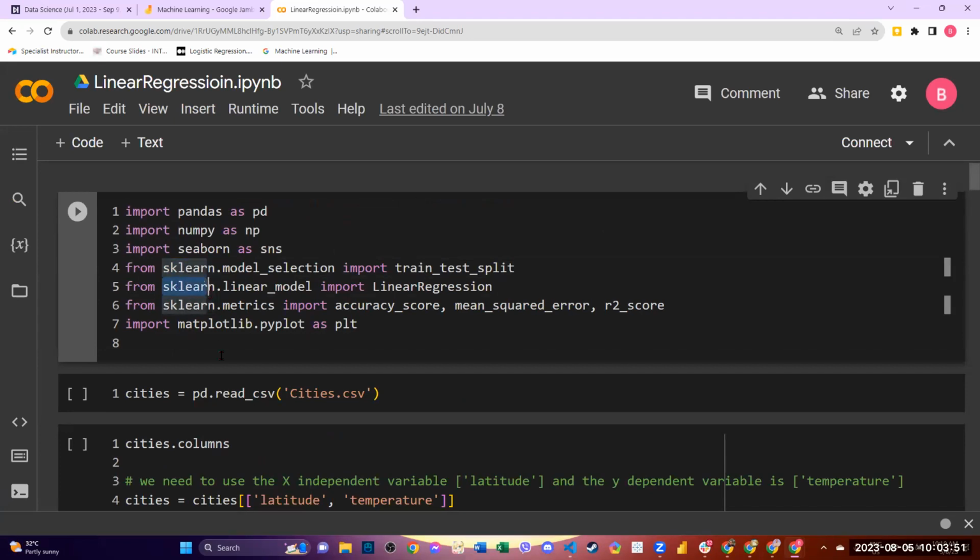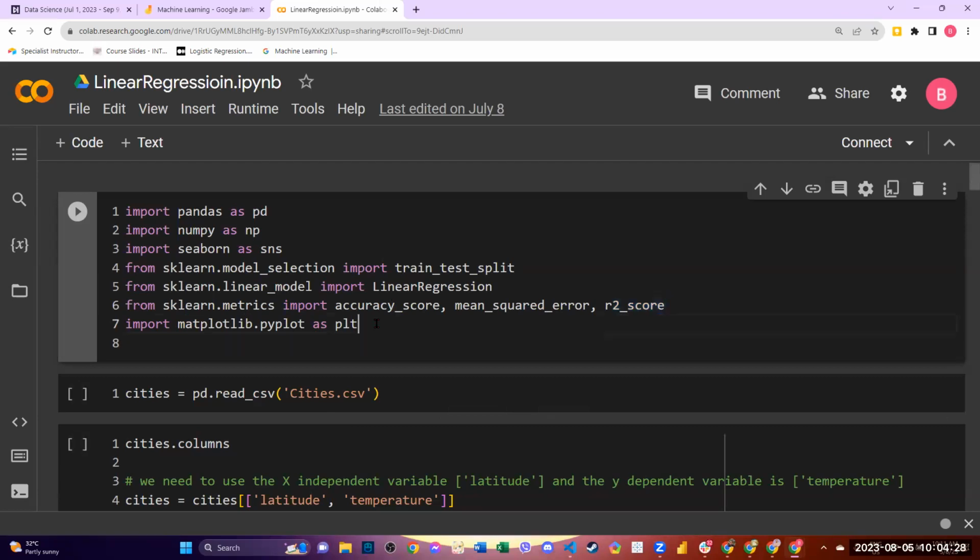So sklearn is a library in Python that we use to implement already created functions such as train test split for our model selection. And for our model, we will be implementing linear regression. And then for our evaluation metrics, we will be implementing accuracy score, mean square error, and R square score.